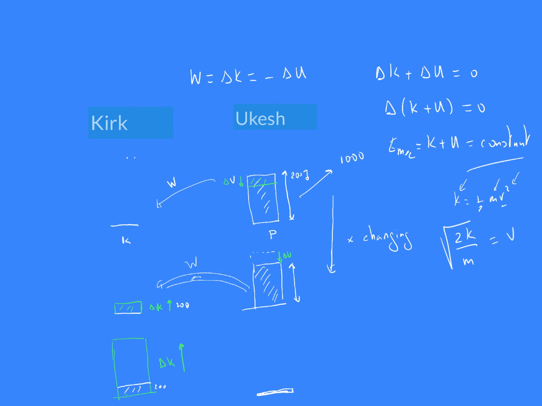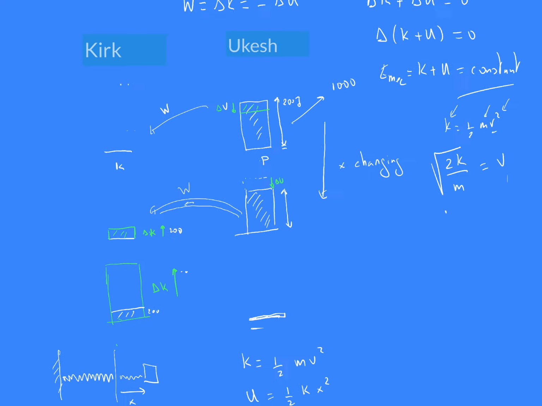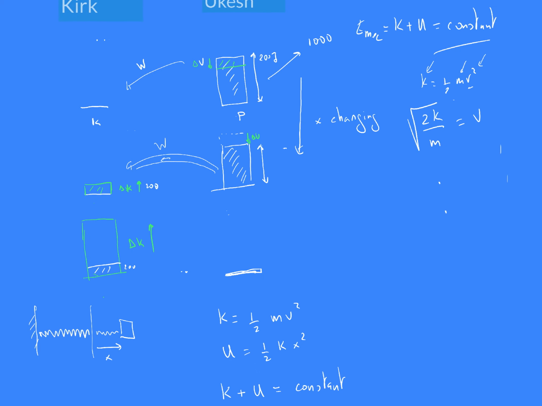Of course, solving this, the velocity V will be the square root of 2 times K divided by M. So when you put 200 joules on the body, you increase the kinetic energy by 200, and you decrease the potential energy by 200 on the potential account, on the environment, on the field. Doing this will make this equation valid: delta K equals minus delta U. Why?